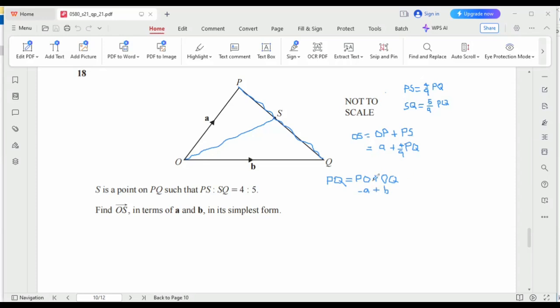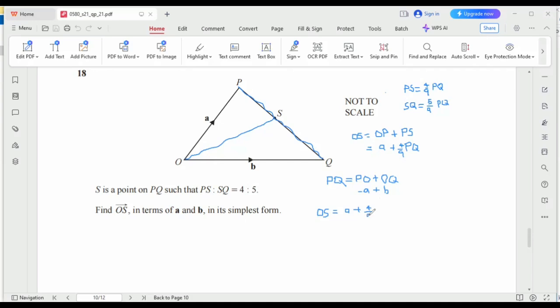So we can replace PQ here. We know OS is equal to A, which we got before, plus 4 over 9 PQ.